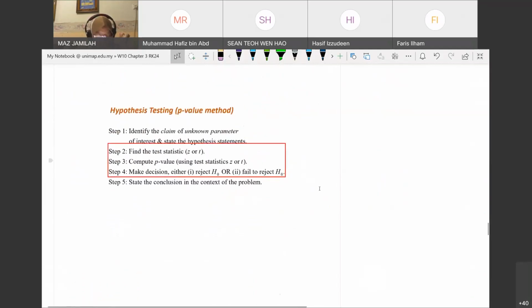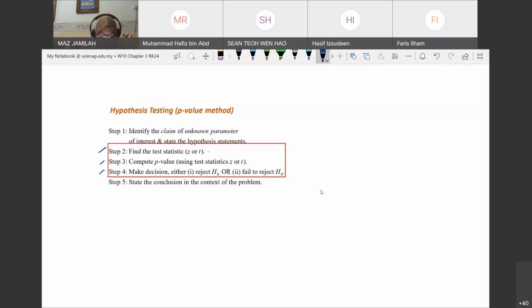If you look back at the steps in the traditional method, hypothesis testing for the p-value method is reflected in the second, third, and fourth steps. The test statistic is still needed in your p-value method, but instead of the third step, finding the test statistic, we put that into the second step.